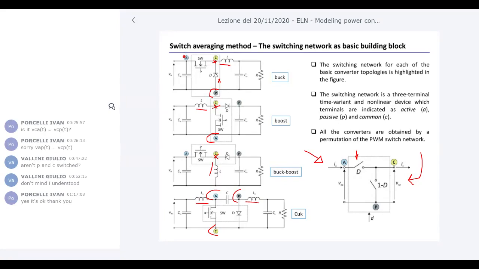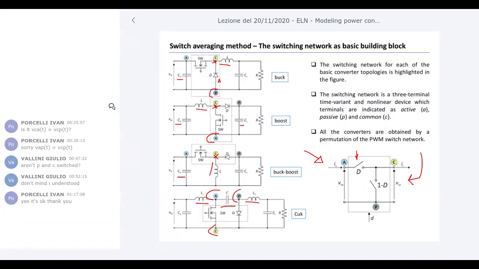At the active node here, typically a capacitor is connected. The same happens here. You have the capacitor here, and also this capacitor here. The active is here, and the active is equal here. There's this capacitor here.